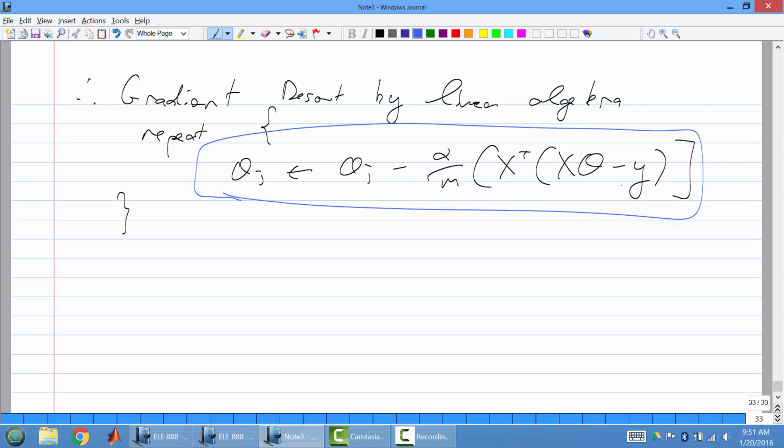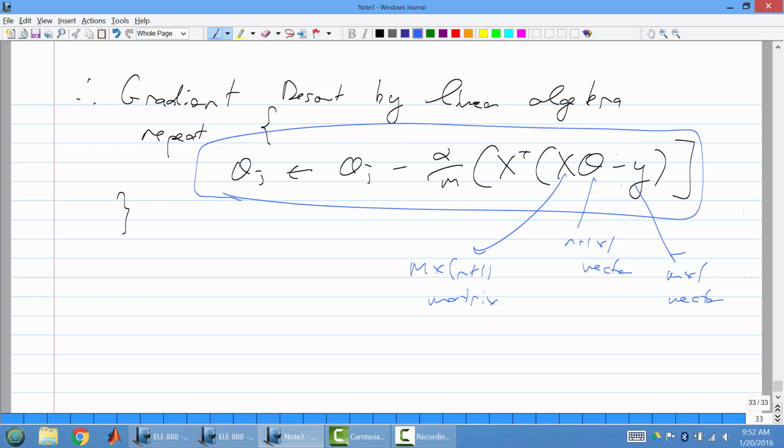Instead of looping through every single element, you would just compute this by itself. This is the matrix where you're appending the column of ones before. You take the transpose, then multiply that with X times theta minus y. So this is an n plus 1 by 1 vector, this is an m by 1 vector, and this is an m by n plus 1 matrix. That's how you compute it by linear algebra, instead of looping through every single element. And this will do it very nicely.